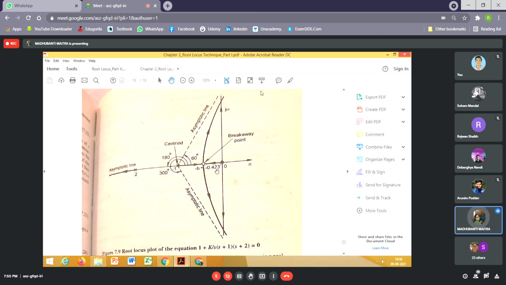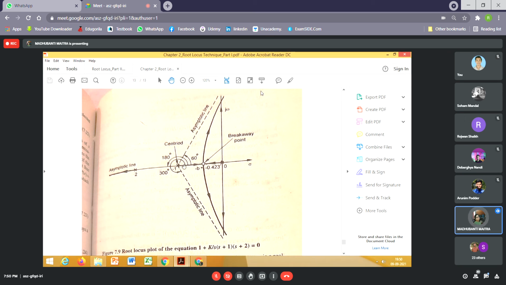So one solution was minus 0.423, and if the solutions are real, it's pretty simple for us. This point is located between 0 and minus 1, on an on-locus segment, so it automatically satisfies the angle criterion.